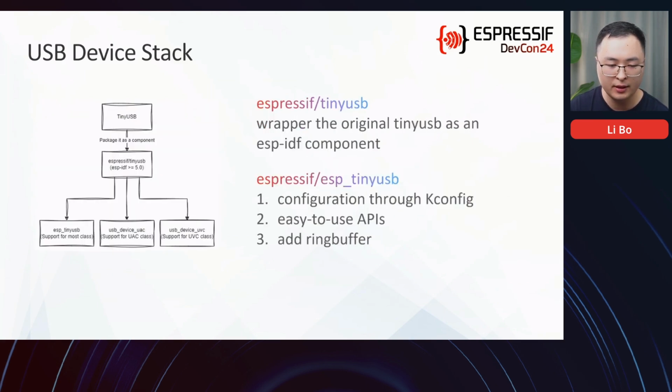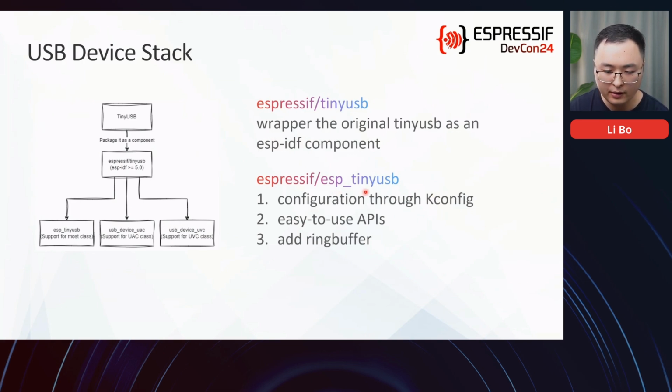If you search the ESP registry, you can find many TinyUSB related components maintained by Espressif or maintained by individuals. But the base component is Espressif TinyUSB. This component wraps the original repository as an ESP-IDF component, which will be built as a static library, and provides the core USB stack and the device driver from TinyUSB.